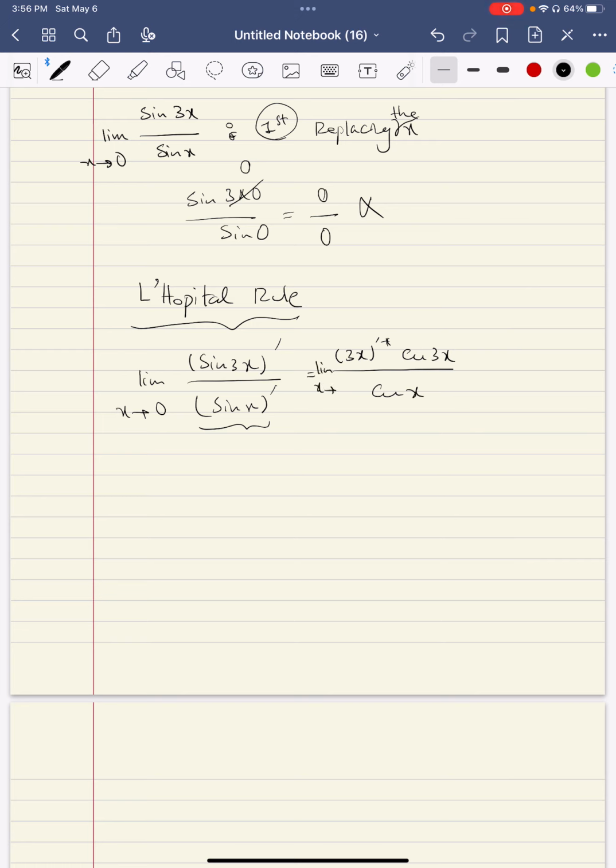The limit as x approaches 0. So 3x prime is just 3. So it would be the limit of 3 cosine 3x over cosine x, x approaching 0.